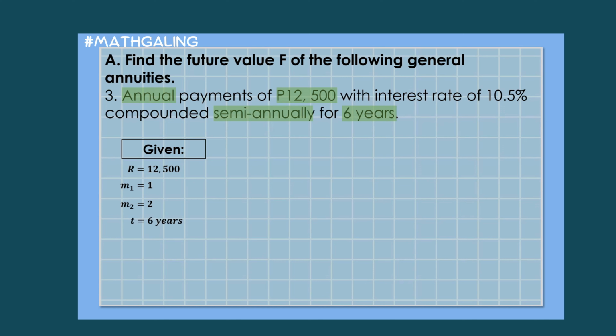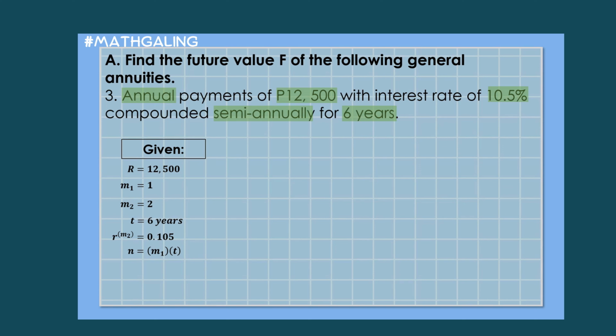The nominal rate is very easy to find. The nominal rate is 10.5%, and we are going to convert it into decimal, so it is equal to 0.105. So here's the formula of n: M sub 1 times time.